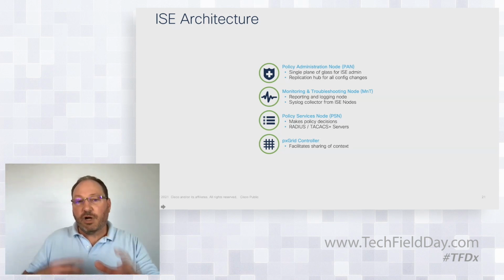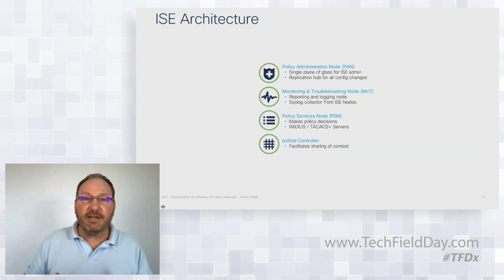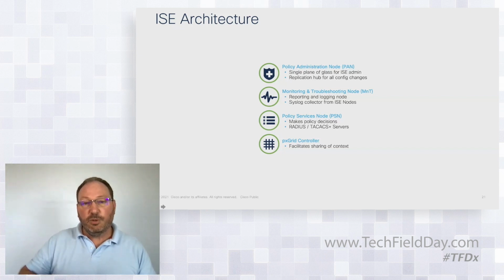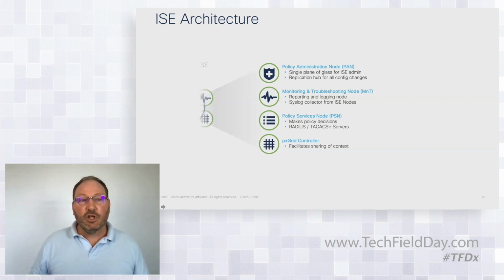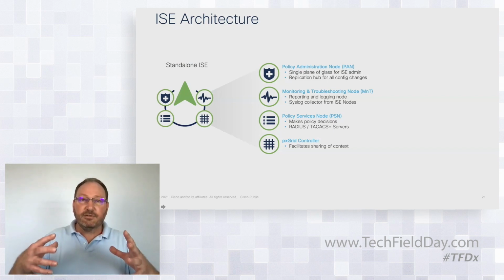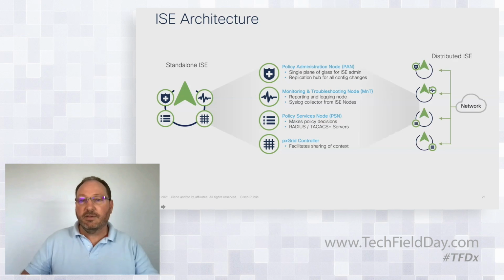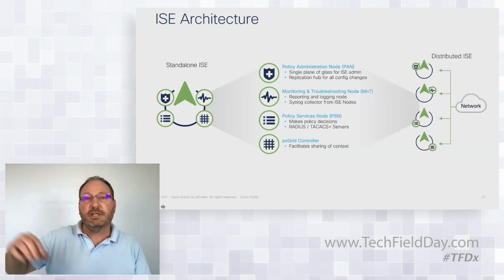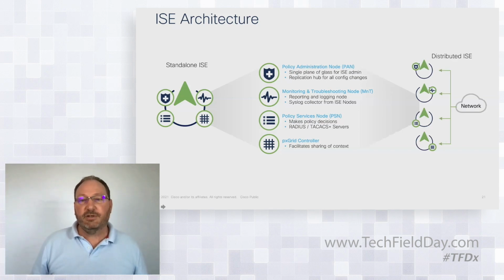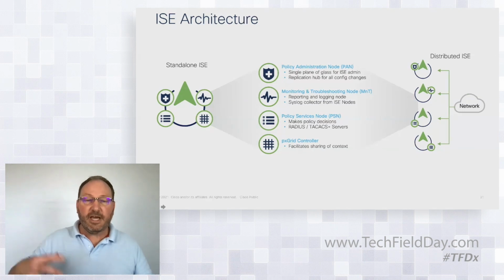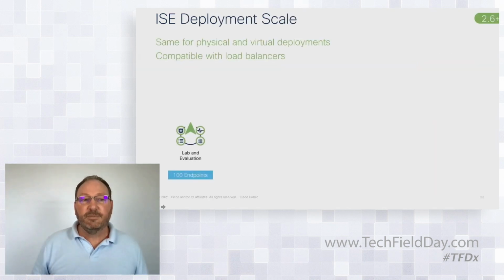We have a policy service node, which actually handles all the different RADIUS requests and TACACS requests. And then we have a pxGrid controller that would communicate with the different security services. Those can all be deployed on a single standalone node, just like you saw us do today, and they could also be distributed completely across all these different independent nodes. So depending upon how you want to scale it, you have that flexibility.